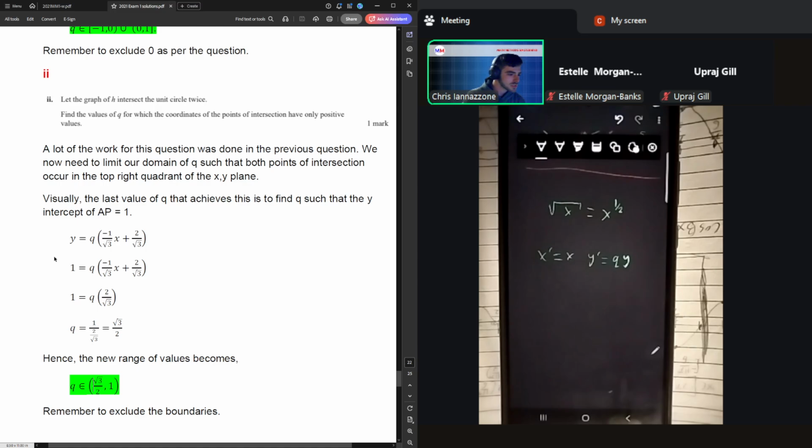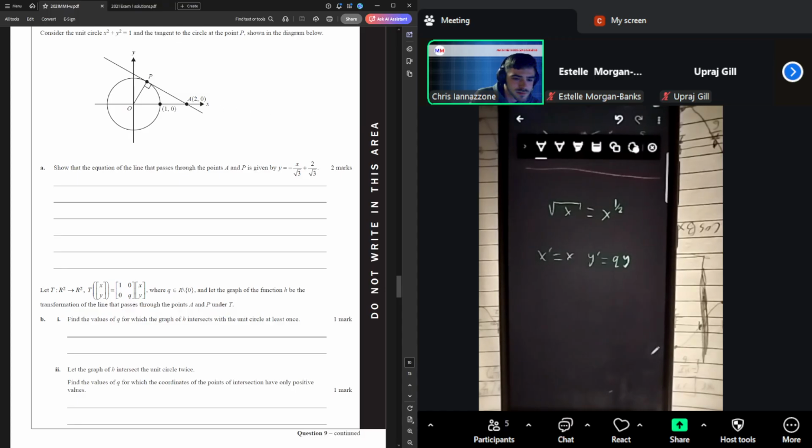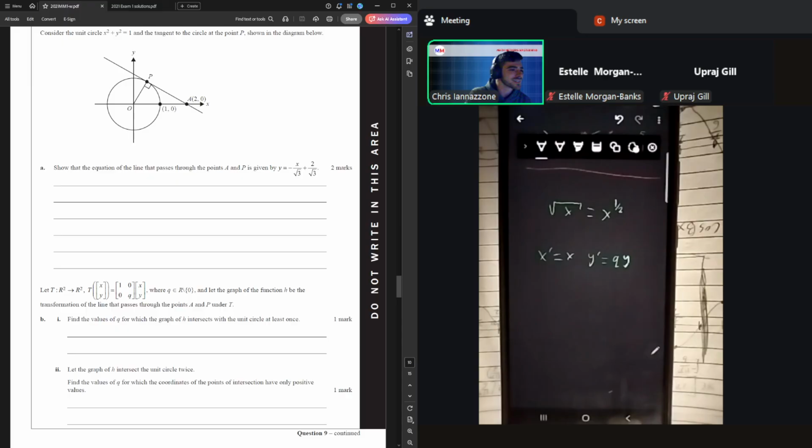No, that's not inclusive. Why is that last one not inclusive? Because Q being that means that you're forcing the line through there. Oh, right, because 0 is not positive. Yeah, it'll have 2 intercepts, but 0 is not a positive intercept.